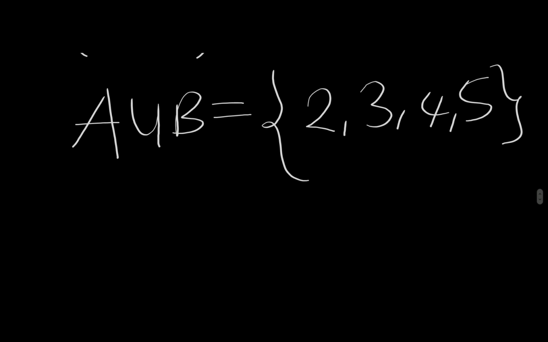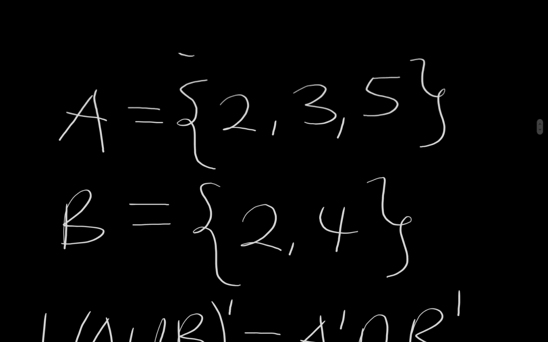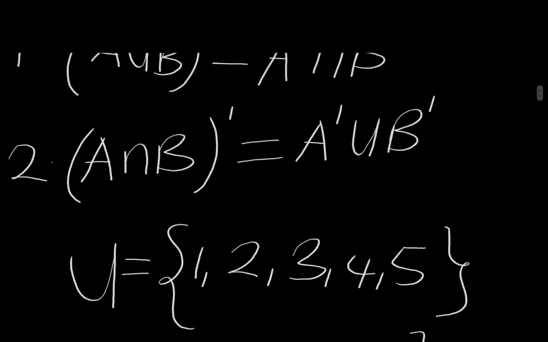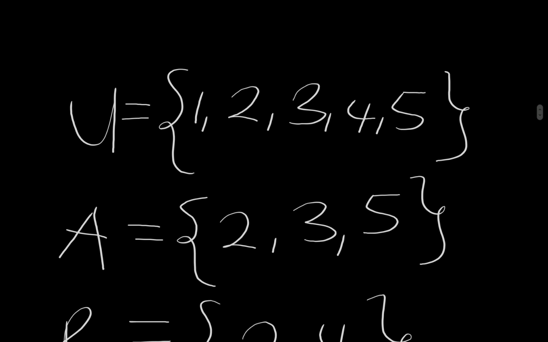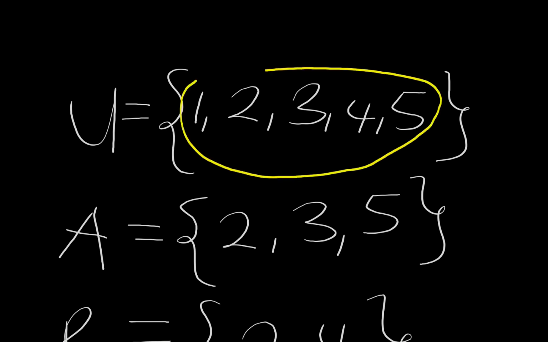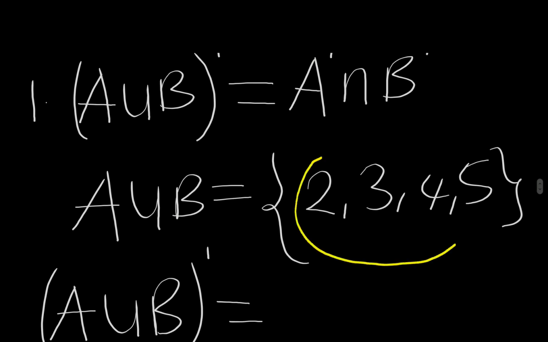Good. Hence, (A union B)' will be equal to all the elements that can be found in the universal set but cannot be found in A union B.